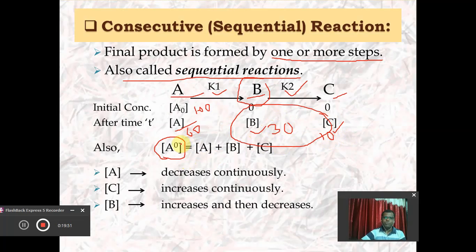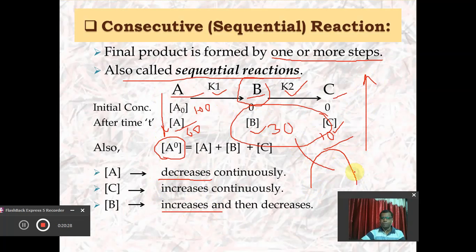Here, as the time proceeds, the concentration of A decreases continuously, while the concentration of C increases continuously, because this is the final product. Initially A gets converted into B, and this B gets converted to the final product. So as the reaction proceeds, the concentration of A decreases continuously, and the concentration of C increases continuously, while the concentration of the intermediate initially increases and then decreases.